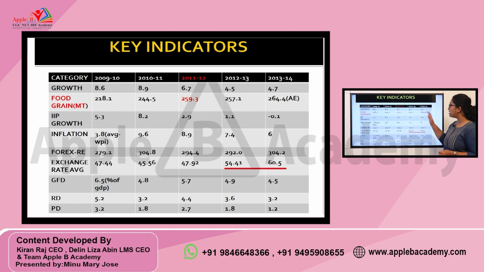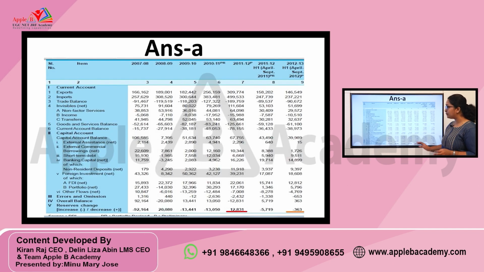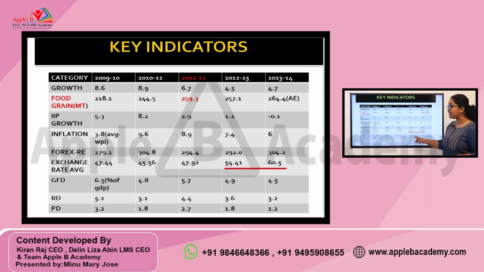So this is from 2011 to 2013. This is a very important and visible proof of how, under a floating exchange rate system, a BOP deficit will affect the value of a particular currency. Because of this deficit, we saw a fall in the value of the Indian rupee from 54.41 to 60.5. This is a very important proof that we can directly see from the Economic Survey.